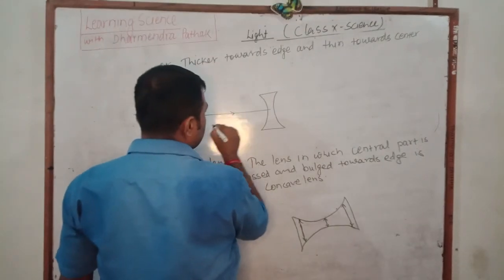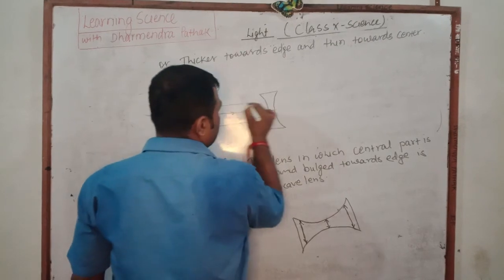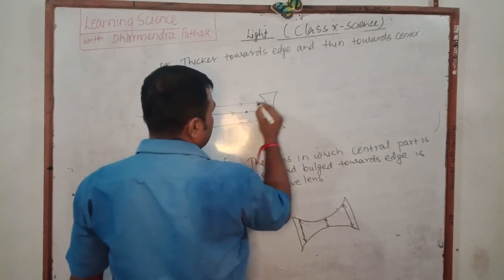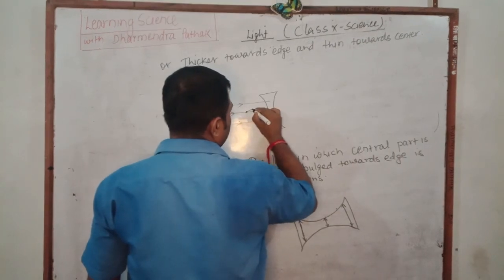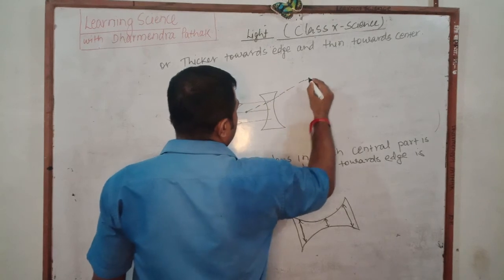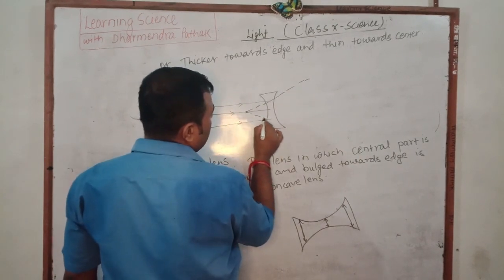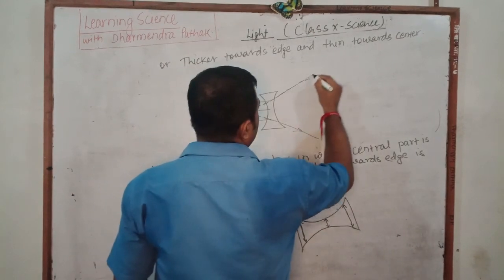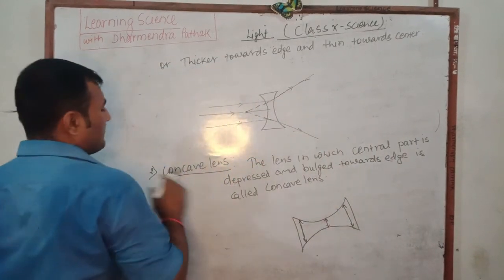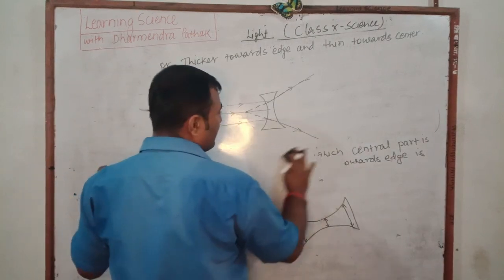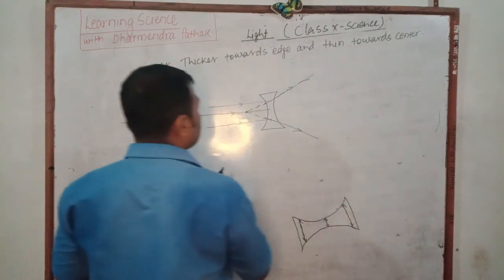then the different rays present in it diverge in different directions. Listen, the concave lens spreads the parallel beam of light in different directions.